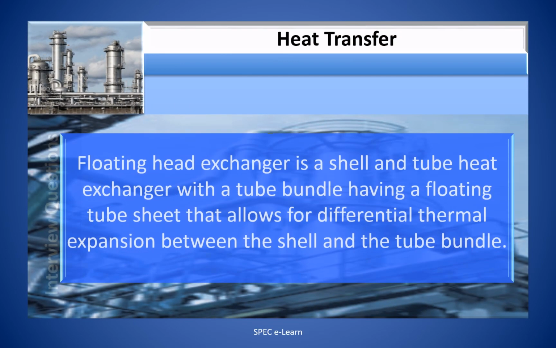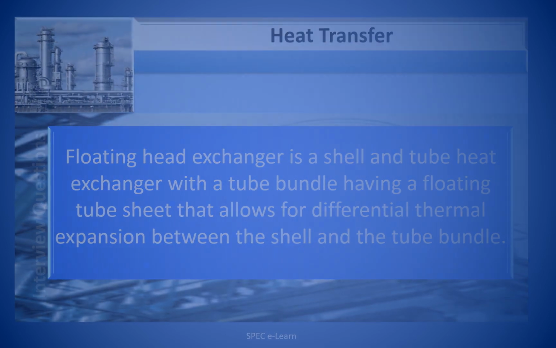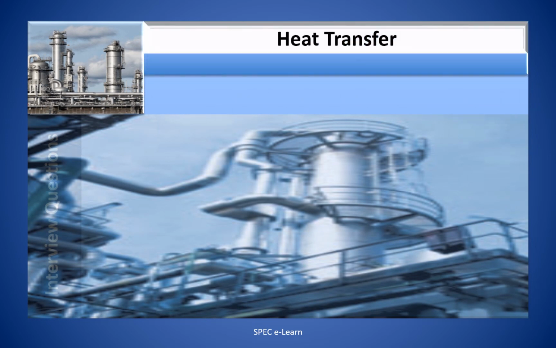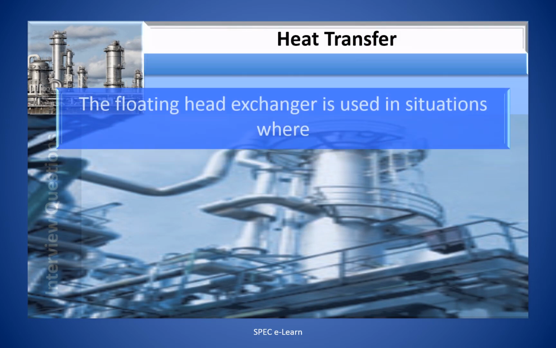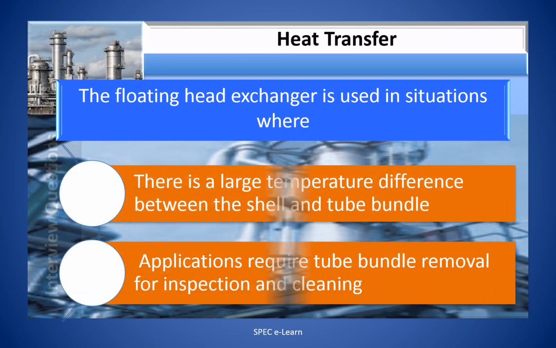A floating head heat exchanger is a shell and tube heat exchanger with a tube bundle having a floating tube sheet that allows for differential thermal expansion between the shell and the tube bundle. The floating head heat exchanger is used in situations where 1.